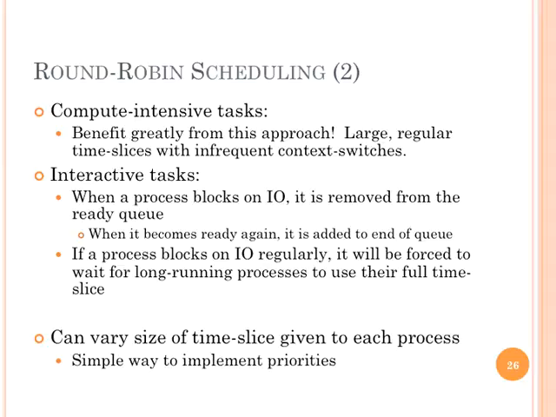Now you can implement prioritization by just changing the size of the time slice that you give. So for example, what you could do is give compute-intensive tasks a smaller time slice and interactive processes a larger time slice. Now, probably that's not going to do any benefit except just make compute-intensive tasks take longer, because that larger time slice is not going to be useful to an interactive process.